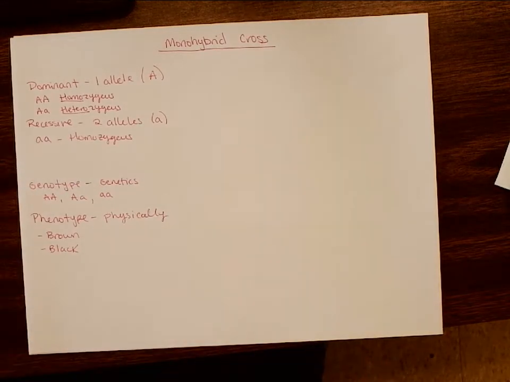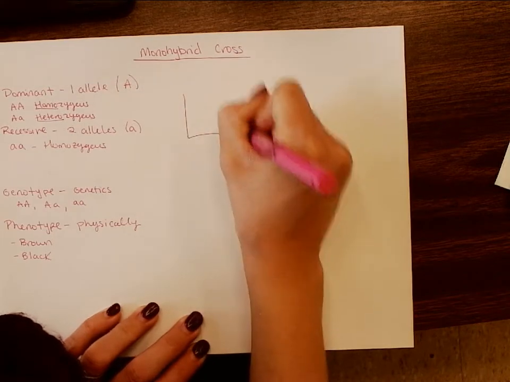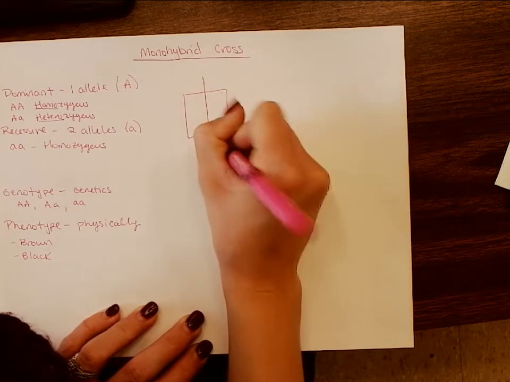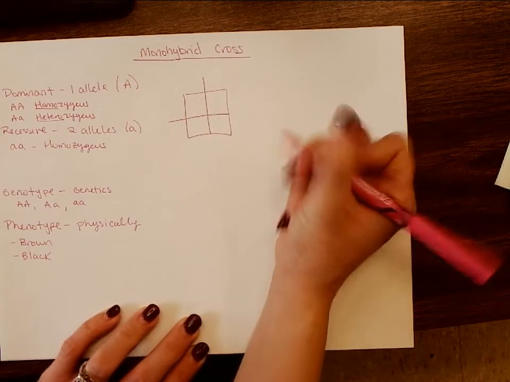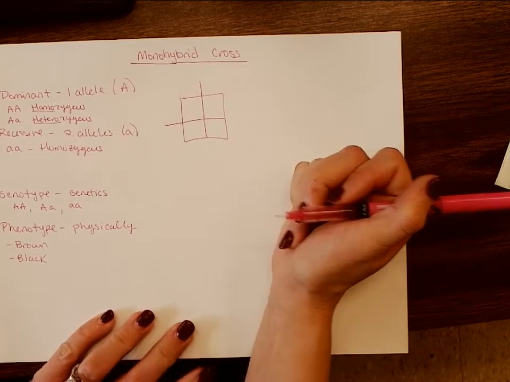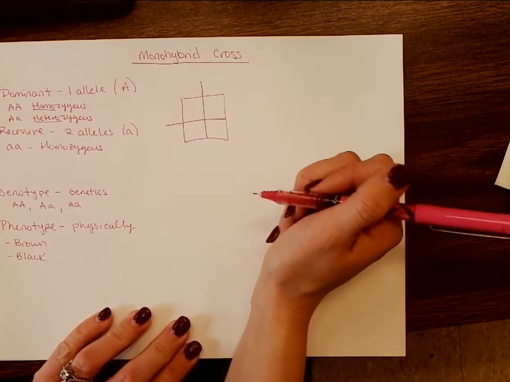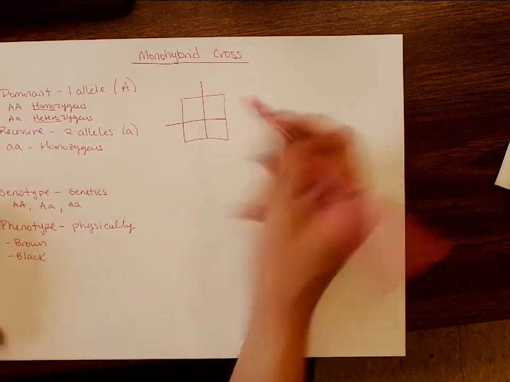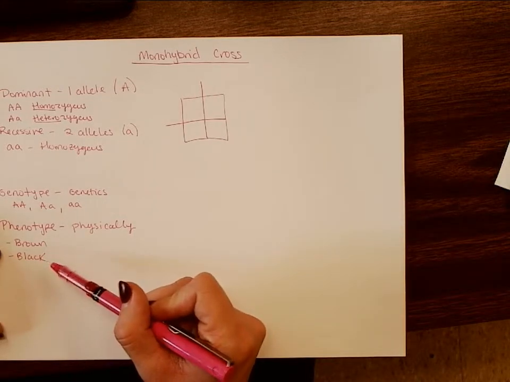If we know that, we then can use a Punnett square to help us predict what the offspring are going to look like. Now, when we set up a Punnett square, I know you guys have had lots of practice with this before, we need to know the genotype of the parents. I'm just going to go with brown and black fur that we've started with.